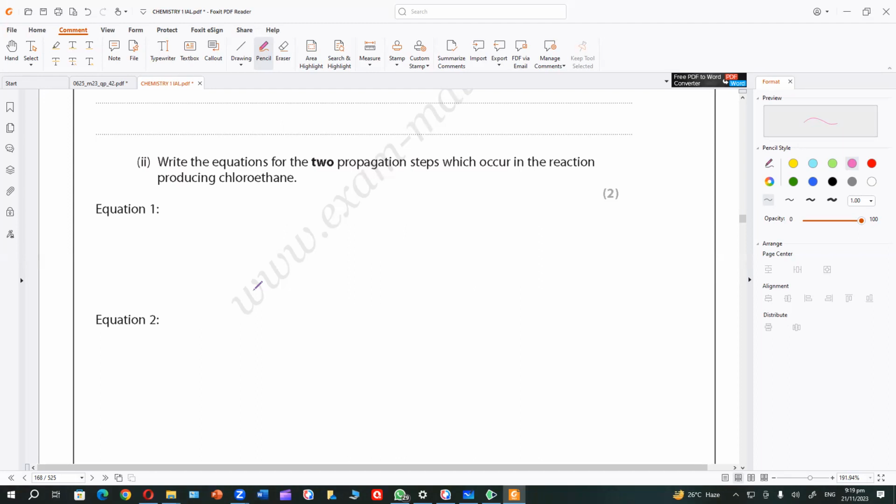Are you going to tell me what the two propagation steps are? As we were discussing in an MCQ, suppose I say any two reactions, any two equations are fine.